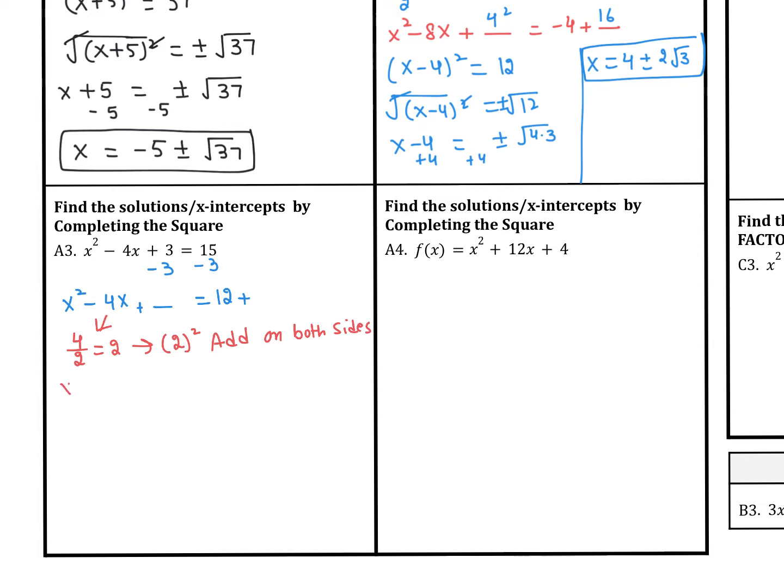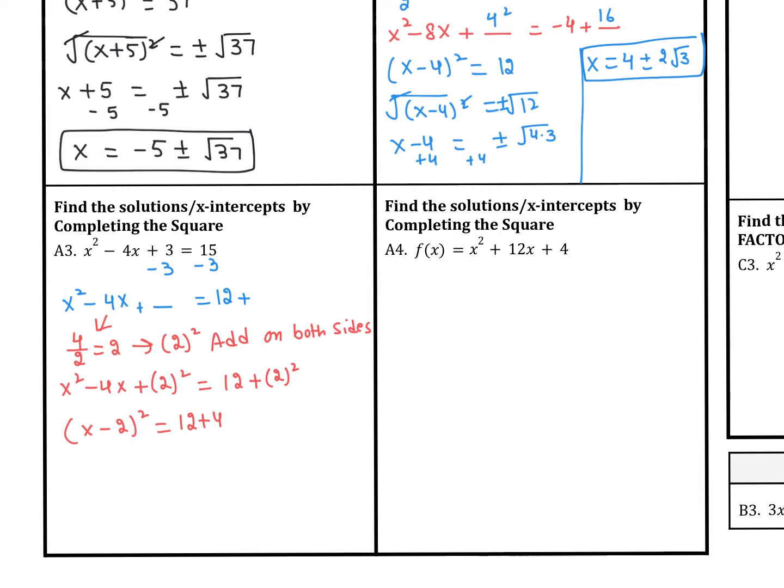You're going to get x squared minus 4x plus 2 squared equals 12 plus 2 squared. You got here (x minus 2) squared equals 12 plus 4, which is 16.